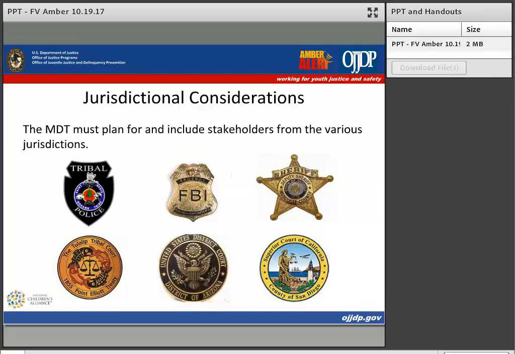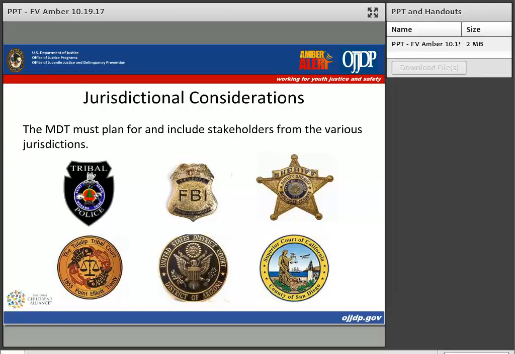Think about jurisdictional considerations. A local, municipal, or county police officer has a case that occurs in their jurisdiction. It's generally going to be very clear from the onset whether the case belongs to them or to a federal agency based on where it happened and the type of crime.